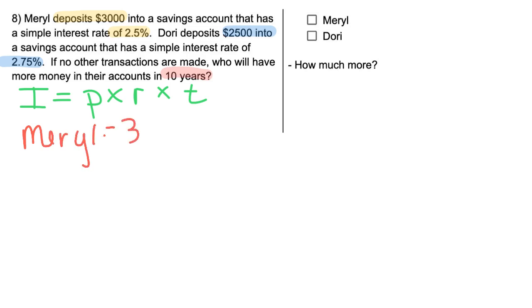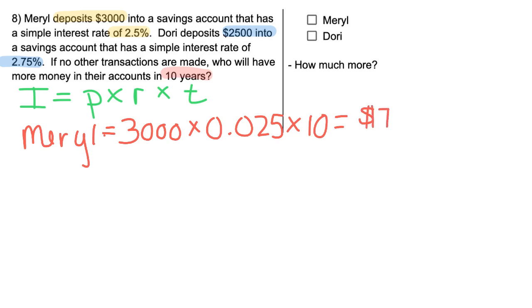She deposited $3,000. Her interest rate, I'm going to move my decimal, 0.025 times 10. It looks like she's going to make $750 in interest.